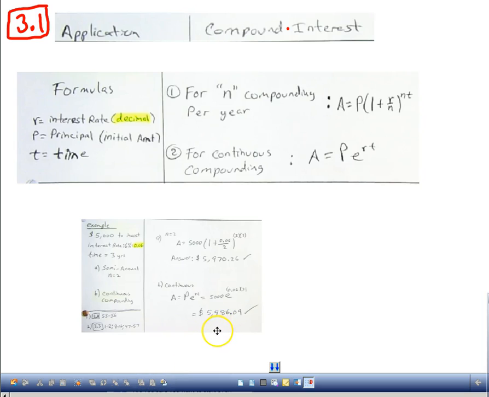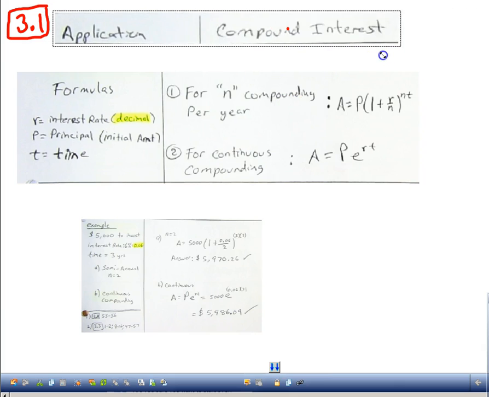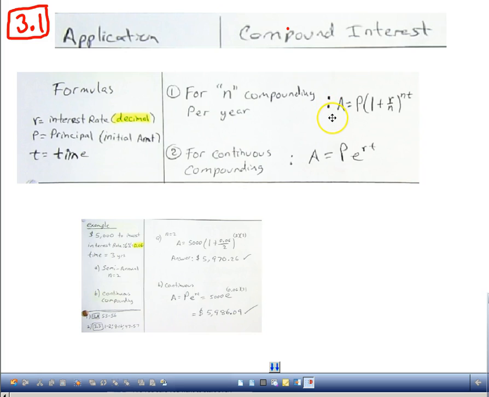Hello class. In this video I wanted to go over an application in section 3.1 from our textbook, and the application is that of compound interest. Now compound interest is when, for example, the bank gives you interest on top of interest, and basically there's two formulas that we discussed in class.